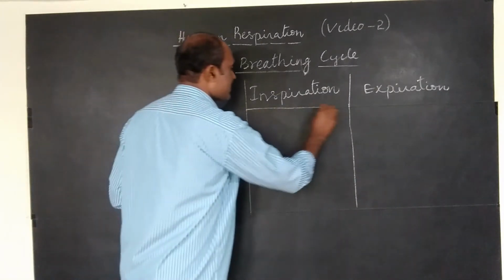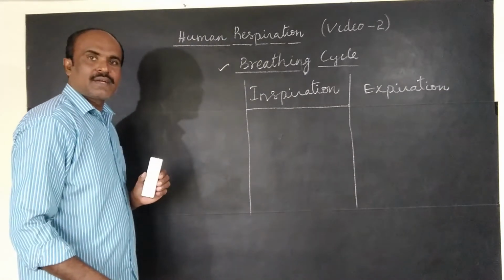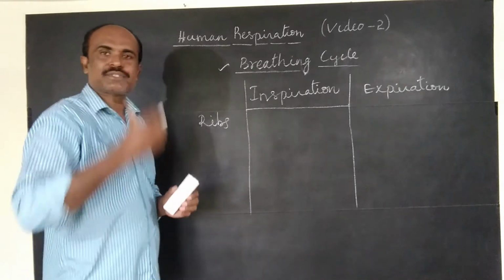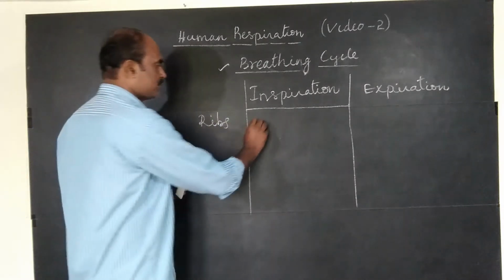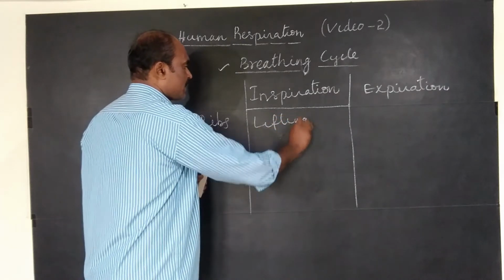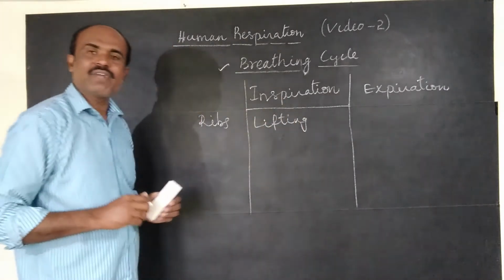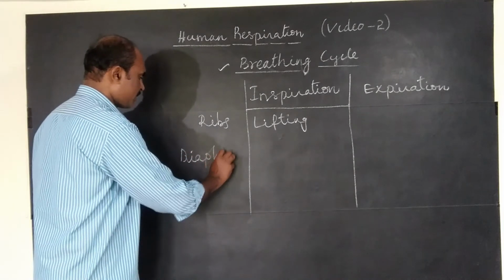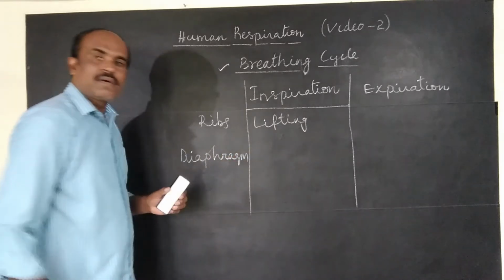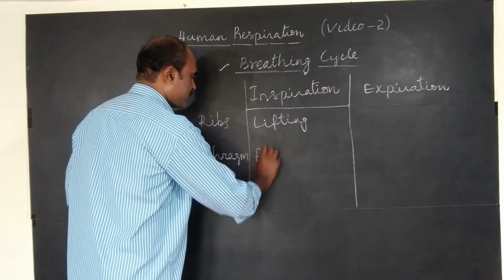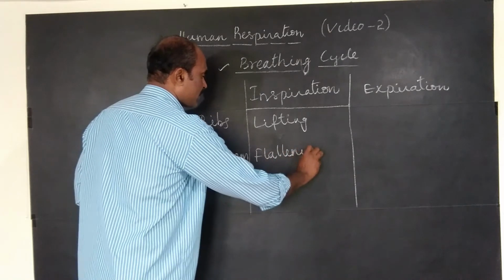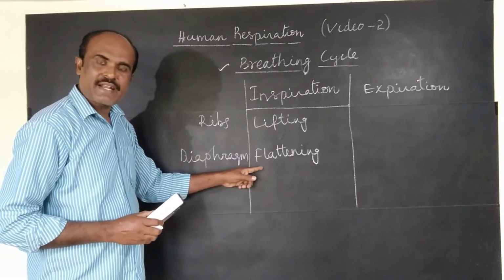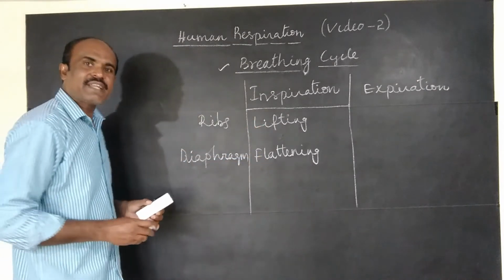Let us understand what happens during inspiration. We lift ribs when we inspire. And when we lift ribs, diaphragm flattens. When we lift ribs and flatten diaphragm, chest cavity increases.